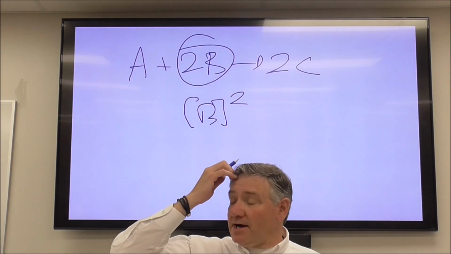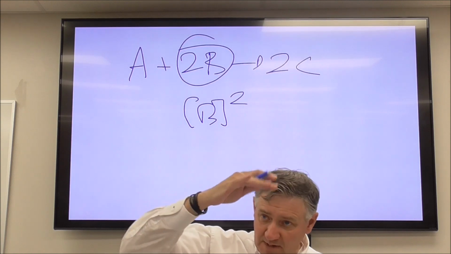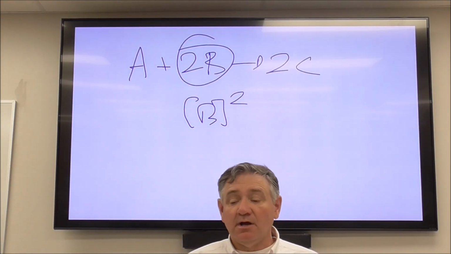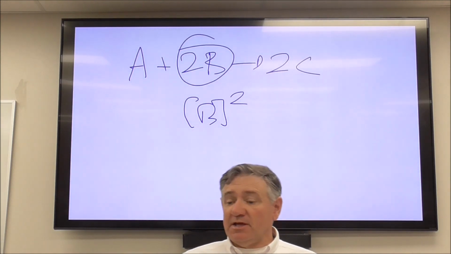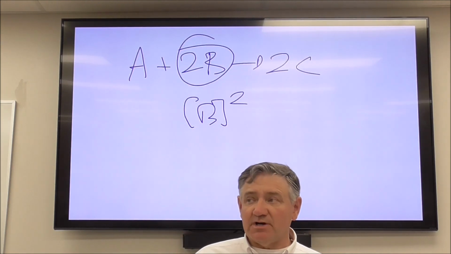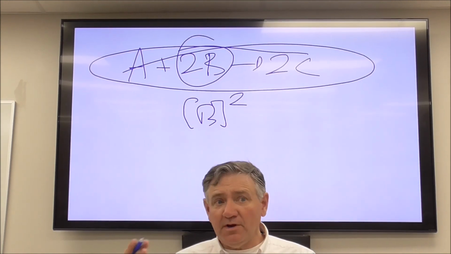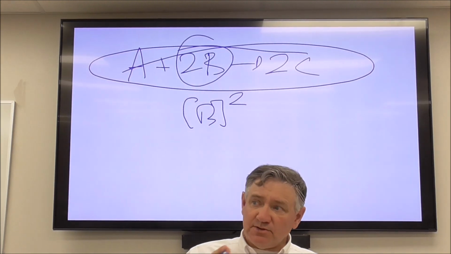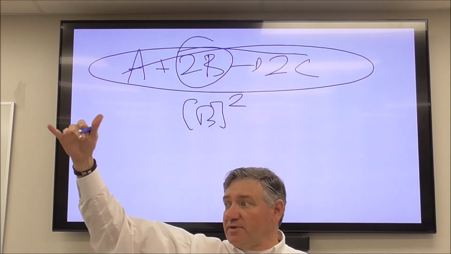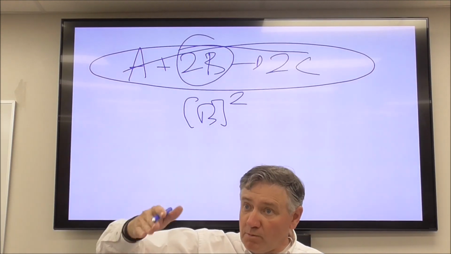If it was a simple one-step reaction, which we'll get into later, that would work. But when we actually look at the data and change the concentrations, we realize that isn't how it works. The whole point is that you can't just look at the coefficients and say that's going to get squared, that's going to get cubed.